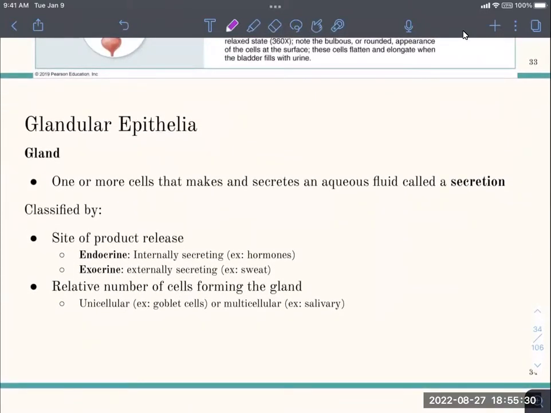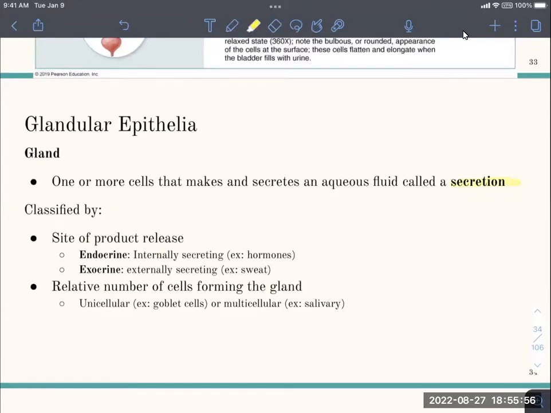Within epithelium, we also have glandular cells or glandular epithelium. They're usually 1 or more cells that make and secrete some kind of aqueous fluid that's called a secretion. They're classified by the site of product release.